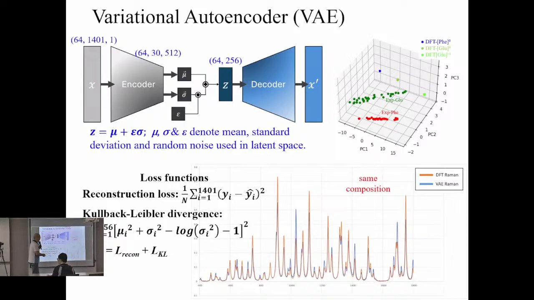So after we form this, you can see here, these are two spectra. The orange one is the DFT spectrum. And if you take exactly the same combination from the experiment, after the variational autoencoder, that's how you get. So now you can see the spectra align with each other very well after you do the VAE transformation.